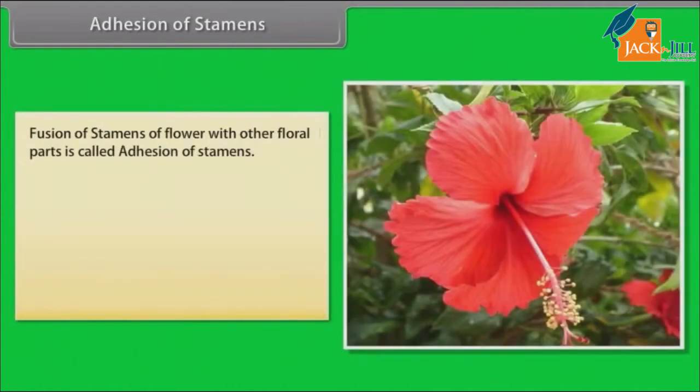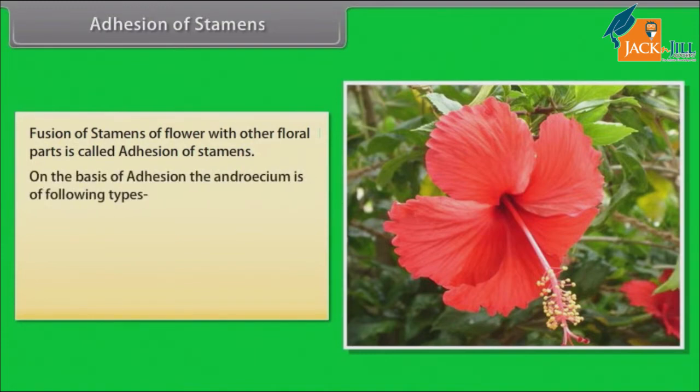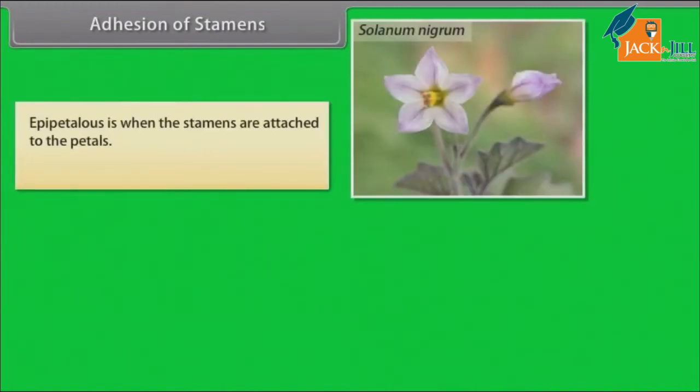Adhesion of stamens. Fusion of stamens of a flower with other floral parts is called adhesion of stamens. On the basis of adhesion, the androecium is of the following types: epipetalous, episepalous, epiphyllous, gynandrous. Epipetalous is when the stamens are attached to the petals. Example: Solanum nigrum, brinjal.